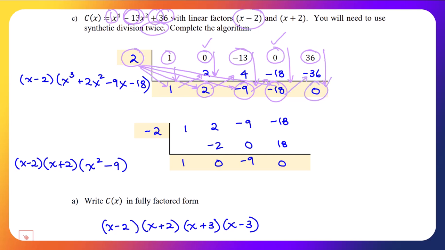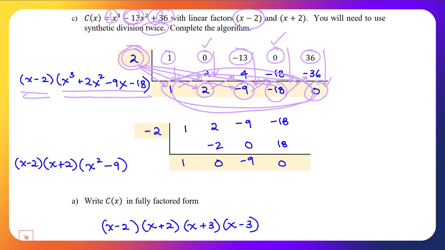We add and we get 0 again. So then, for the moment, don't we have x minus 2 times x cubed plus 2x squared minus 9x minus 18? Well, we are told that x plus 2 works.